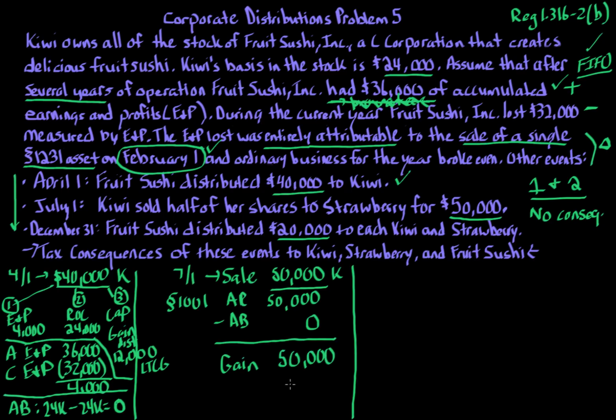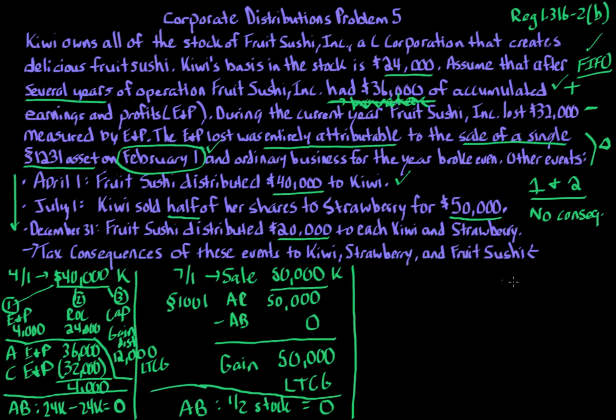That's going to be a long-term capital gain because the sale of stock is capital since Kiwi is not a dealer or trader in securities, so it's a capital asset, and it was held for several years. So long-term capital gain. And remember, the adjusted basis of the half of the stock left, because on July 1st Kiwi sold half, equals 0. It's going to be important for the next part.